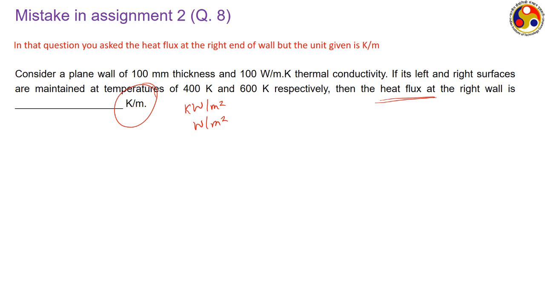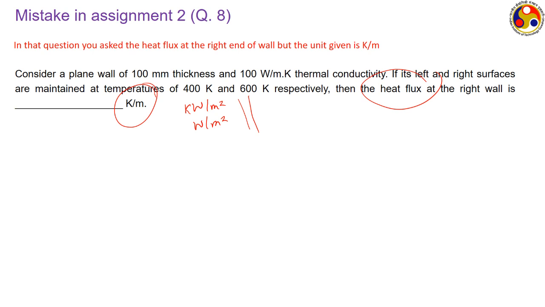But as we don't have any option of changing that, whoever has solved this by finding either the temperature gradient or, most likely, the heat flux in any one of the units, we are going to give them marks. I repeat, we are continuing with heat flux as the correct question, and whoever has found the value of heat flux in any unit, kilowatt per meter square or watt per meter square, will get the credit for that.